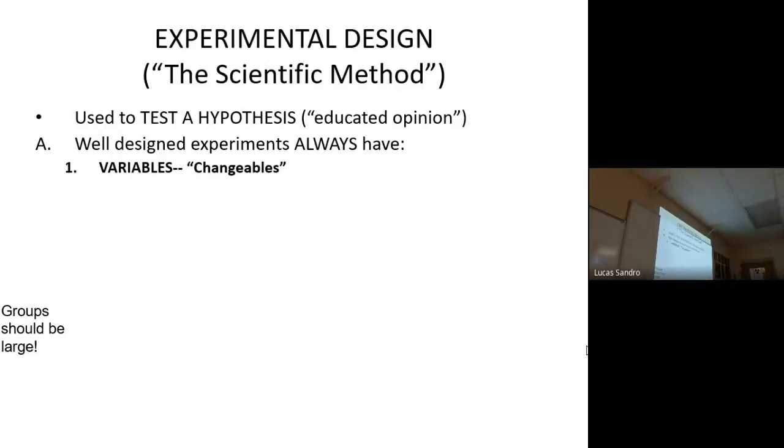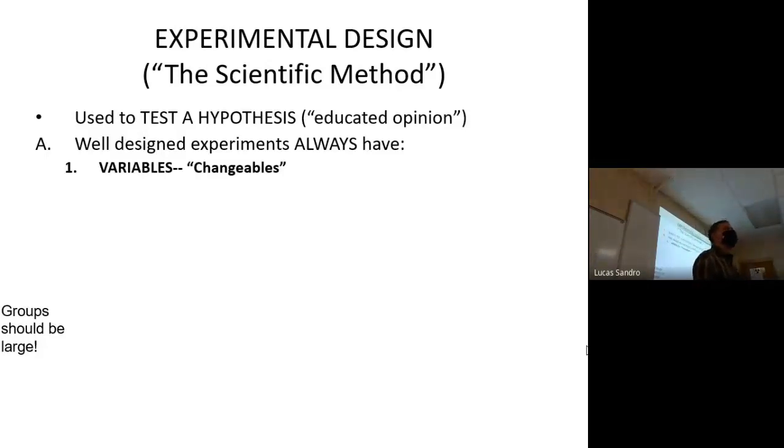Do you remember this? You've been taught this before? It's not hard. You just have to get the distinction between them. There's the variable that you change on purpose between two groups or sets of trials to see if it actually makes a difference.